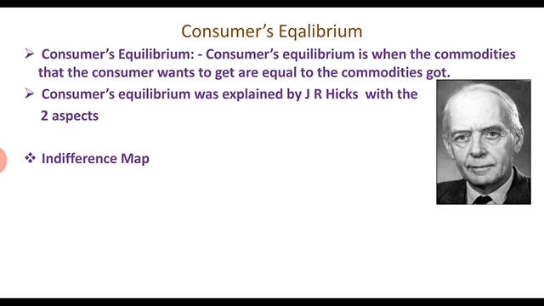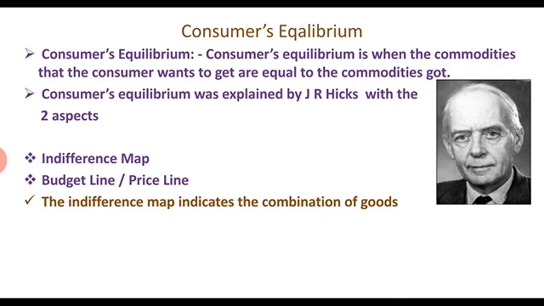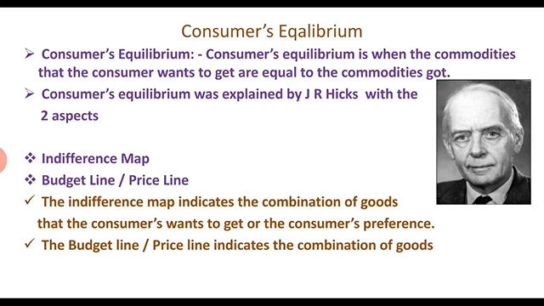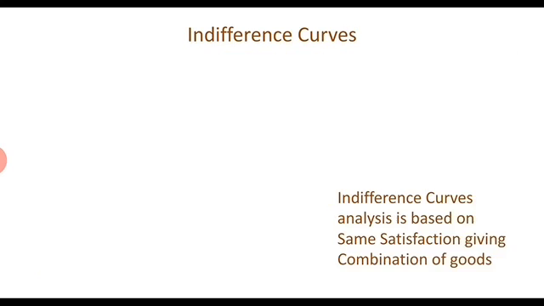These two aspects are the indifference map and the budget line or price line. The indifference map indicates the combinations of goods that the consumer wants to get, or the consumer's preference. The budget line or price line indicates the combinations of goods that the consumer can get.